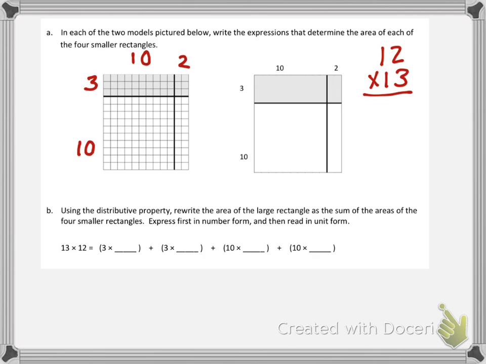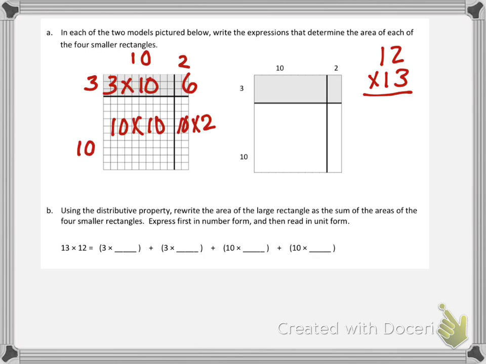So now over here, let's start solving our area model. 3 times 10, and we have 3 times 10, and then we're doing 3 times 2, 6, and then we'd have over here 10 times 2, and the last one is 10 times 10.